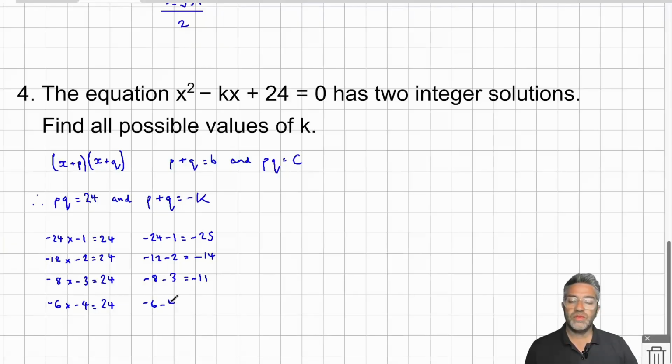Negative 6 subtract 4 equals negative 10. Therefore, k equals negative 25 or negative 14 or negative 11 or negative 10.